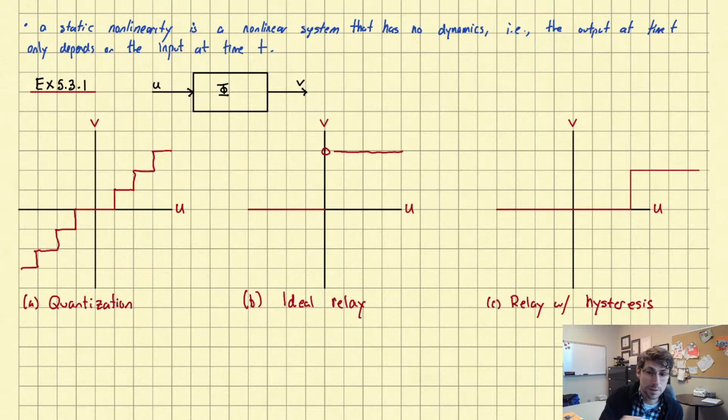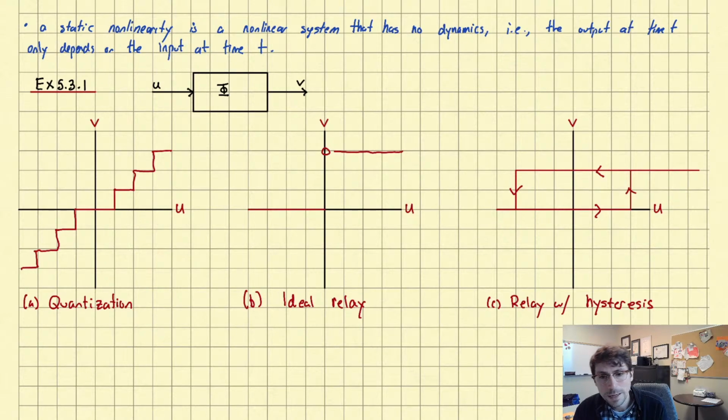But then when the input starts to go negative again, it doesn't turn off until it's sufficiently negative. So the picture here is typically like this. So it has a bit of memory. It delays the switching from on to off. You can think of it as a delay in the switching.